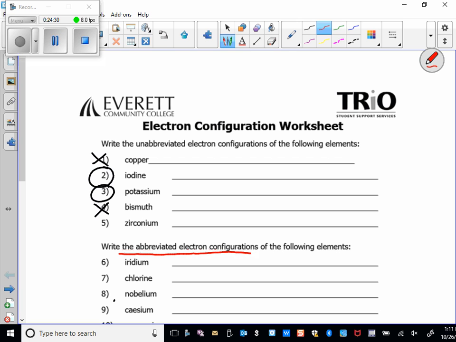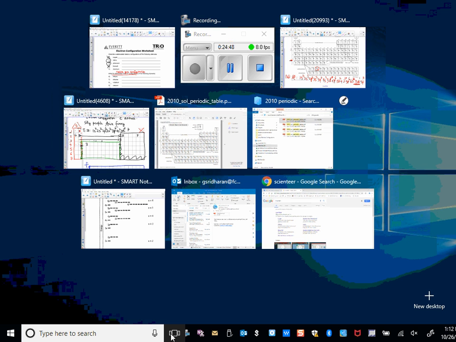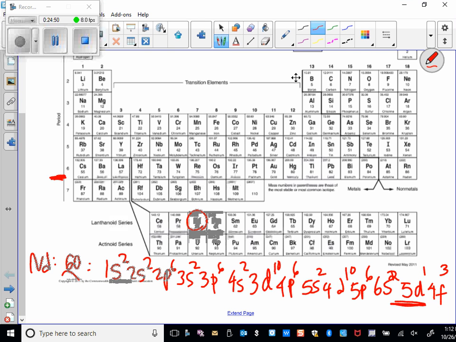The abbreviated electron configuration is also called the noble gas configuration. Now, you know, on a periodic table, these are your noble gases. Are you with me?